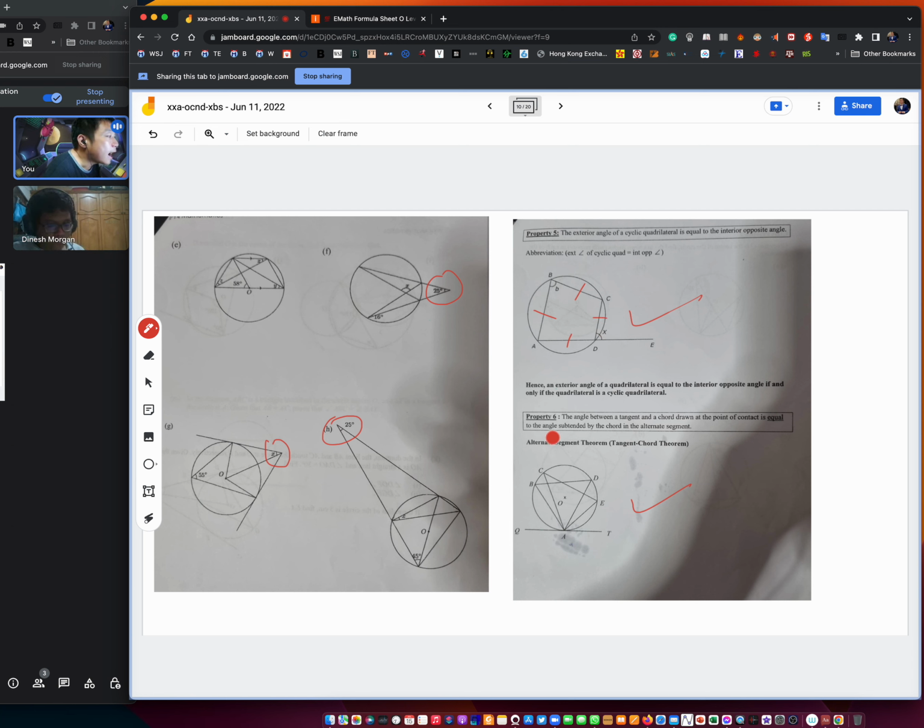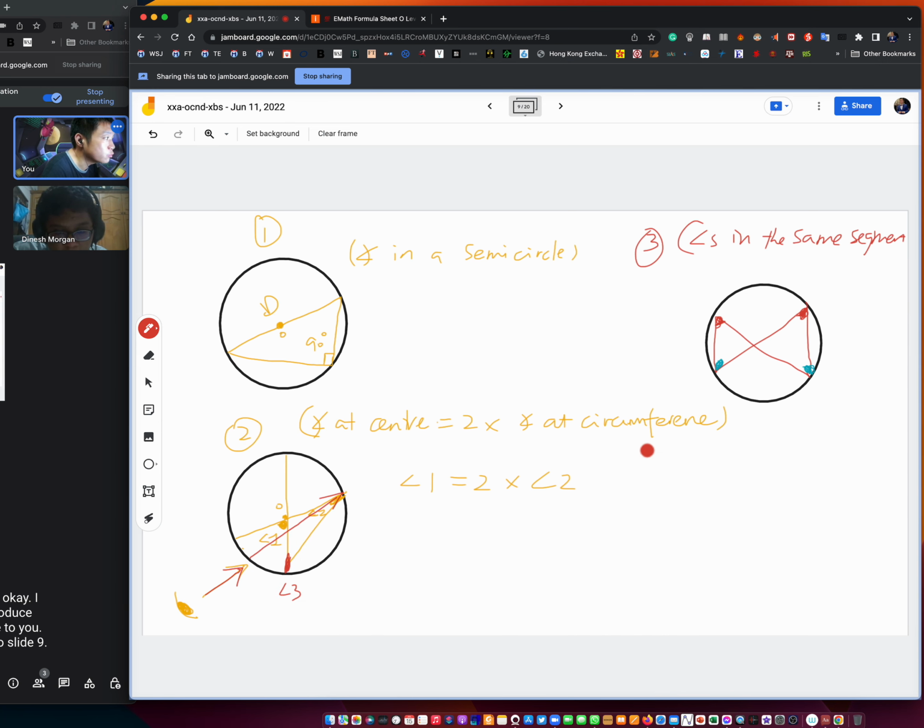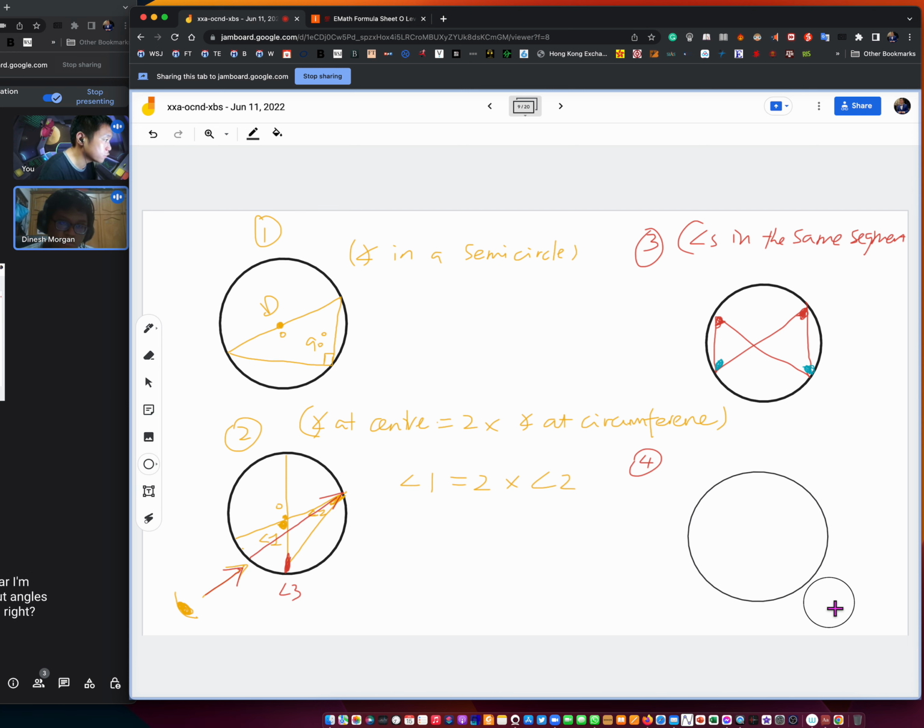Okay, I want to introduce another rule to you. Let me go to slide 9. This reminds me. So it's rule 4. So far I'm talking about angles in the circle, not out of the circle yet.